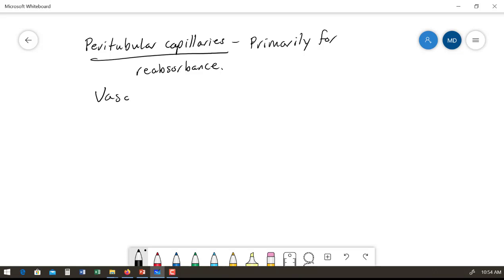Now the vasa recta, although it is also heavily involved in reabsorption, one of the main things it's used for is maintaining a concentration gradient.